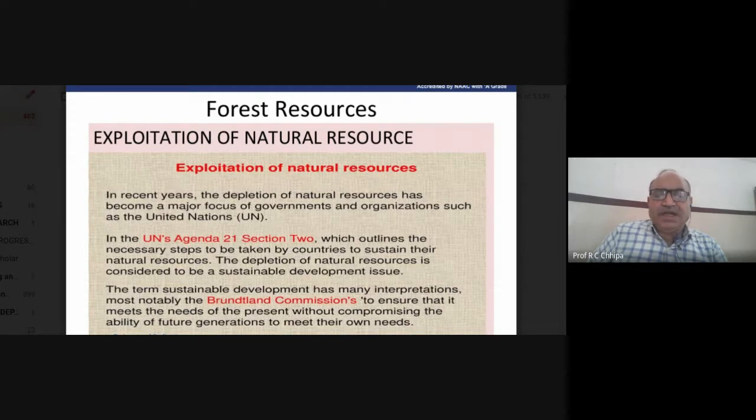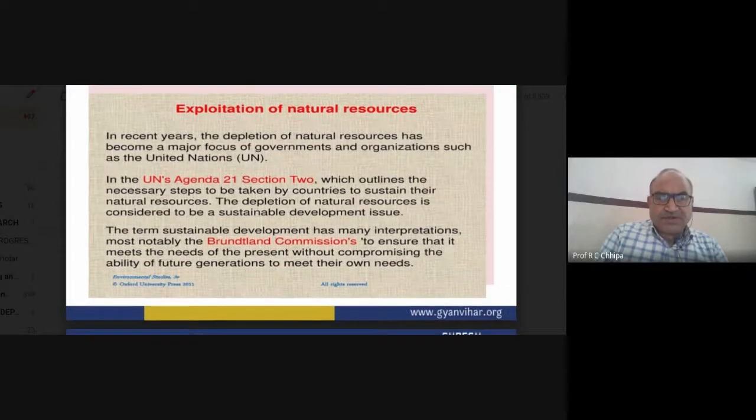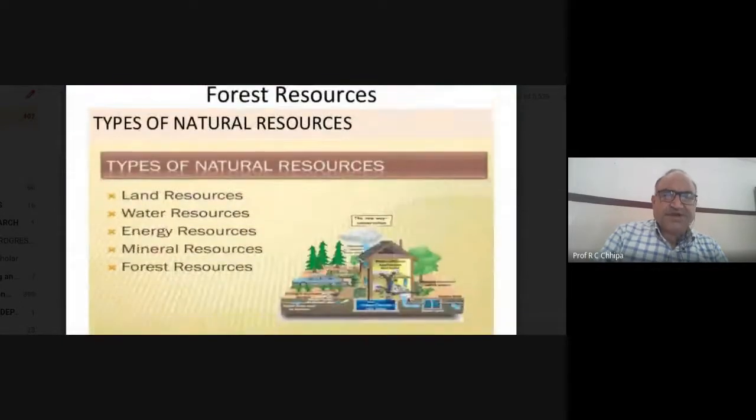Then we have land resources, then mineral resources, then soil resources, and then biosphere resources. There are a number of resources available, and we can discuss them with each other. The term sustainable development has many interpretations when we discuss it in a presentation. Here, natural resources are exploited.